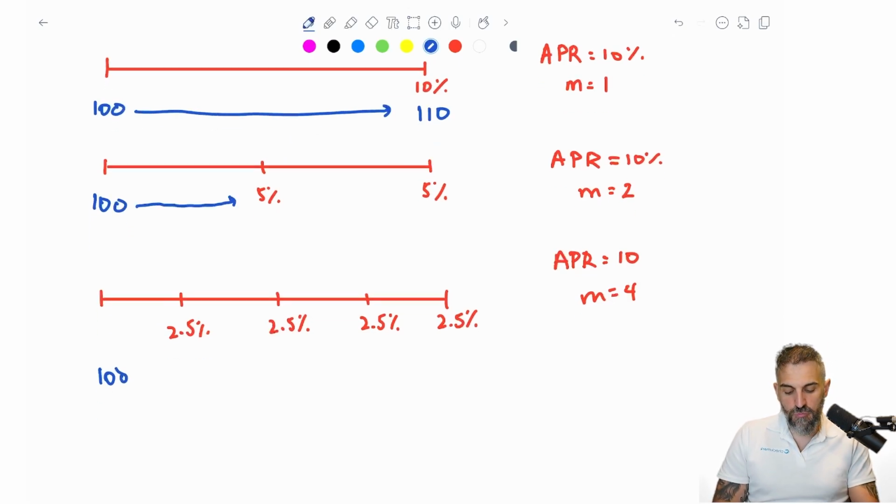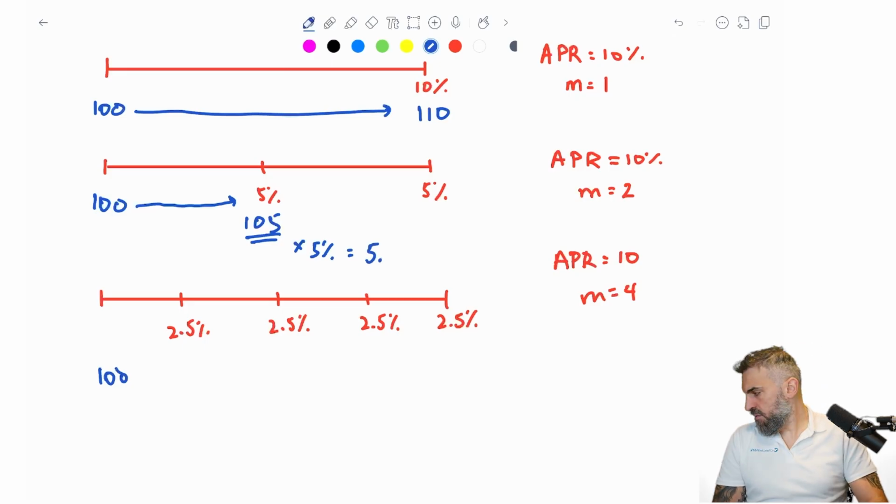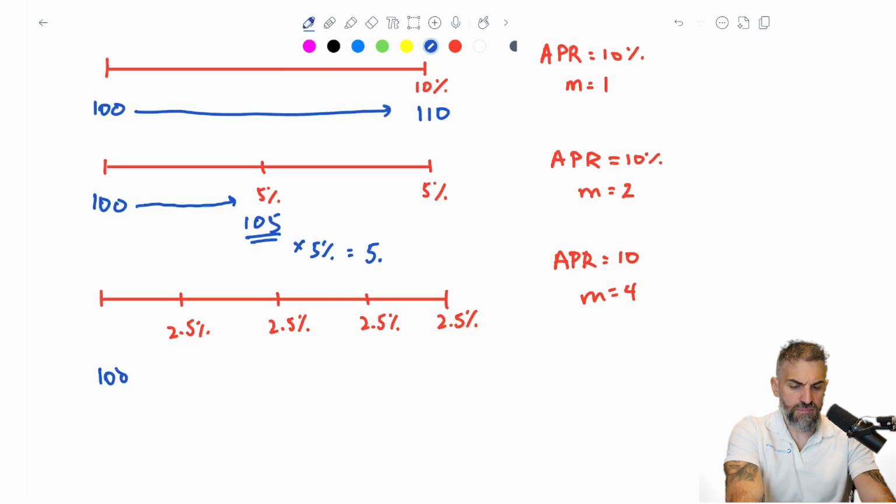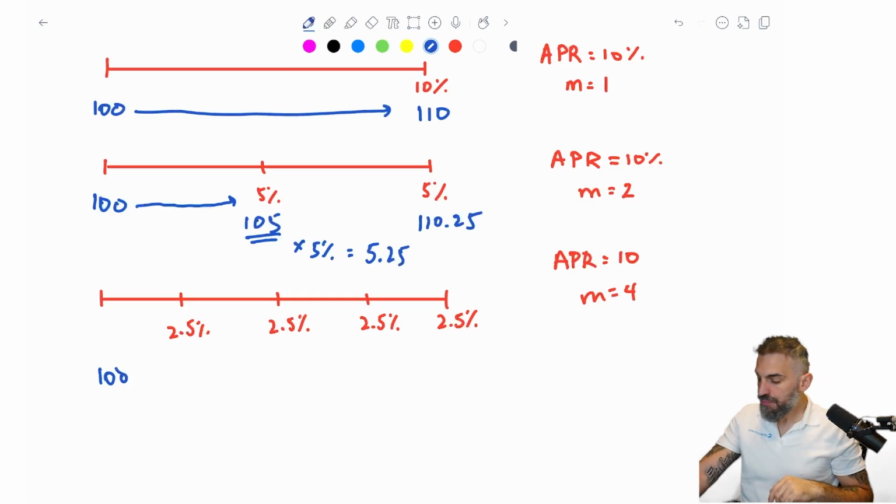First, it's going to earn 5%, so now it'll have 105. Now it's going to earn 5% on this, because remember, that's how compounding works. And so if you take 5% of 105, that is 5.25.